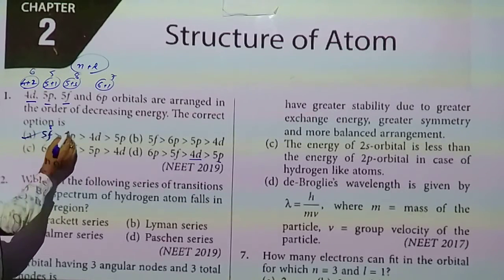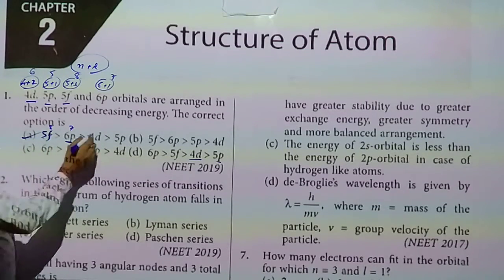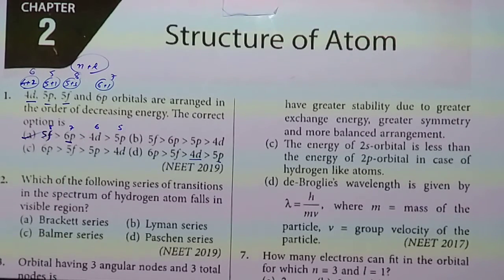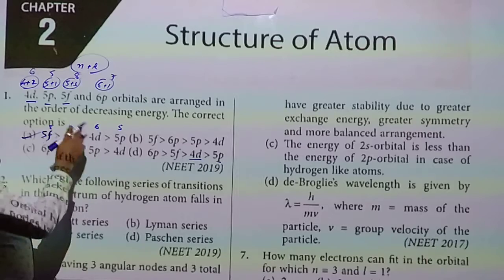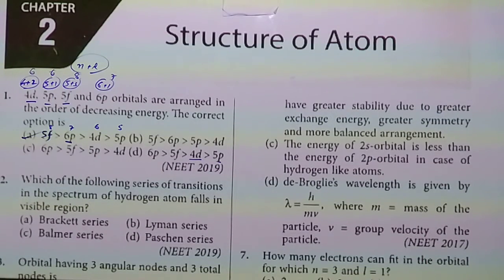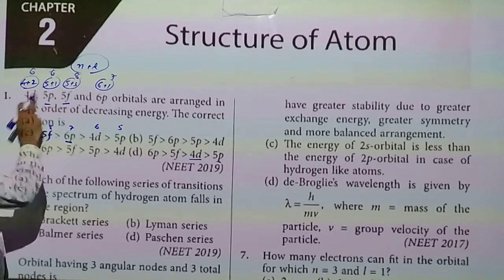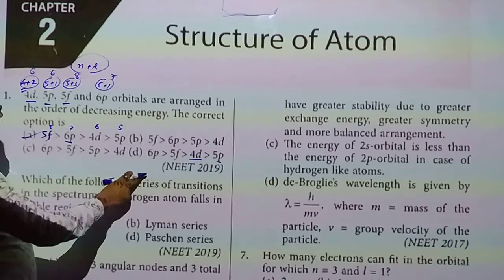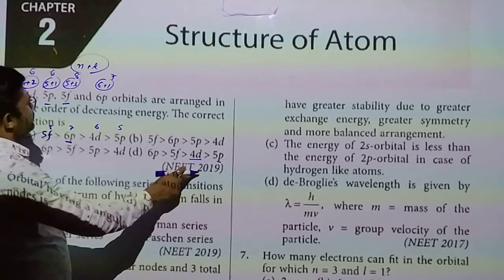5 plus 3 is 8, 6 plus 1 is 7, 4 plus 2 is 6, 5 plus 1 means 6. Here both are 6. So in this case, the one having less n comes first, so 4d, then 5p.